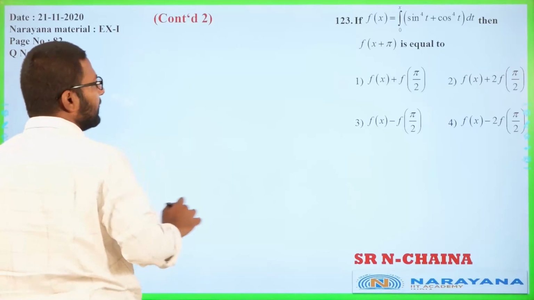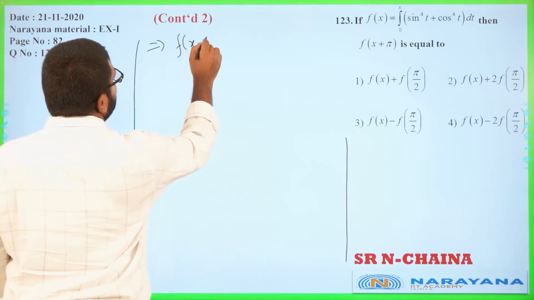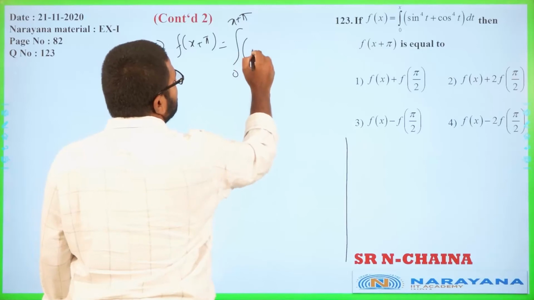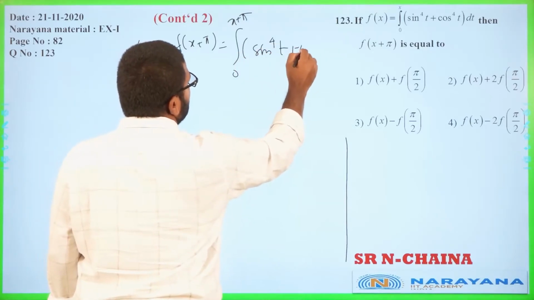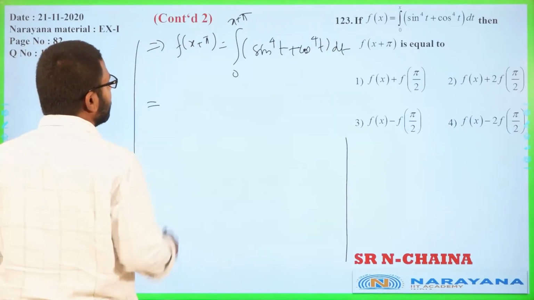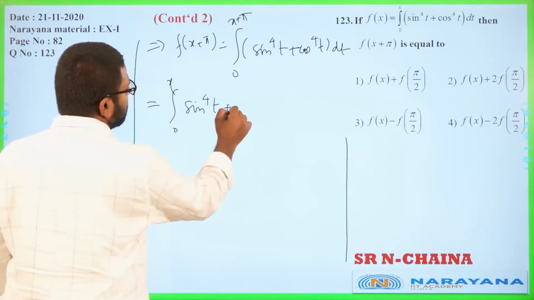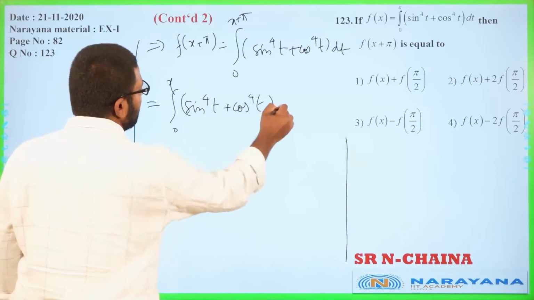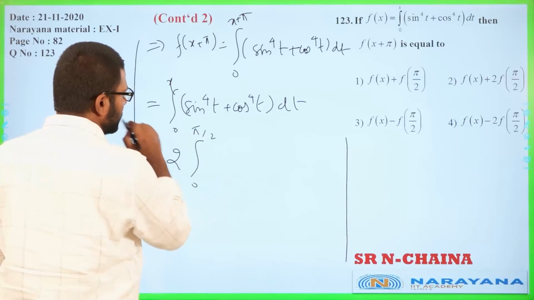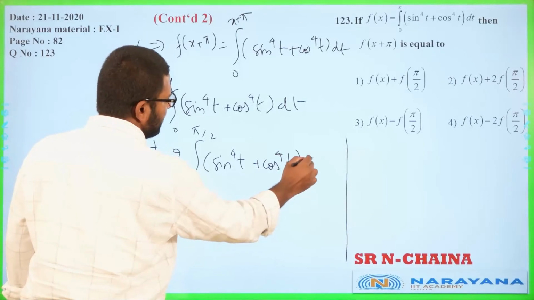Therefore, f of x plus pi, which is integral 0 to x plus pi of sin raised to 4t plus cos raised to 4t dt, is actually integral 0 to x of sin raised to 4t plus cos raised to 4t dt plus 2 times integral 0 to pi by 2 of sin raised to 4t plus cos raised to 4t dt, right.